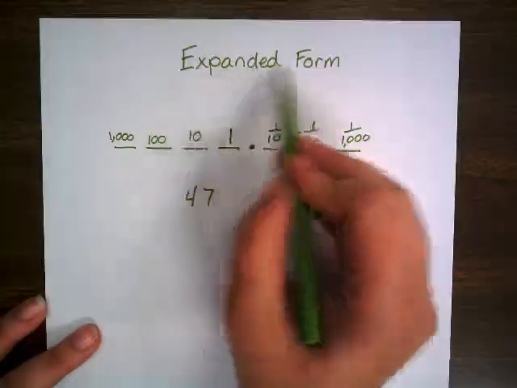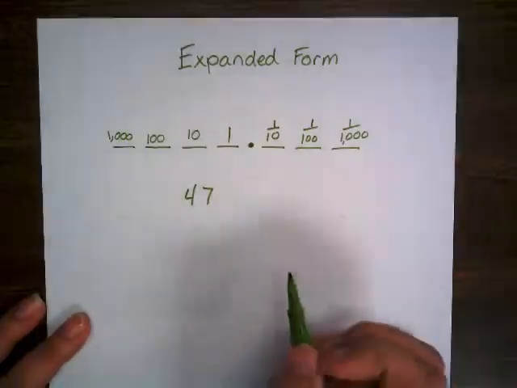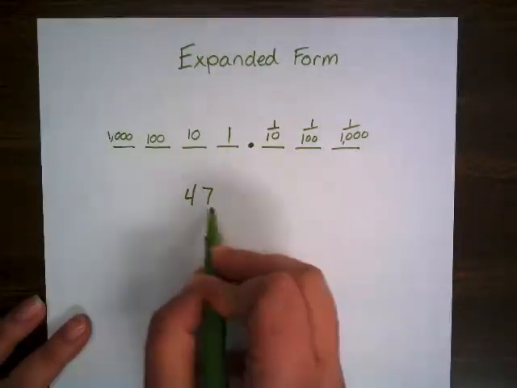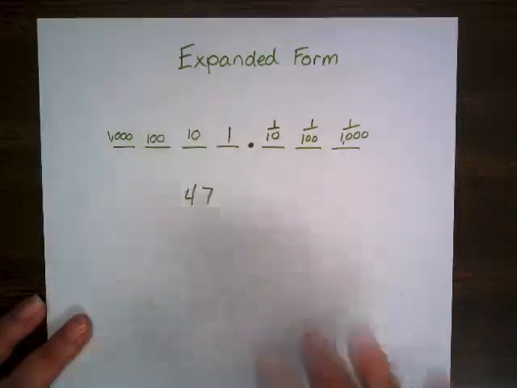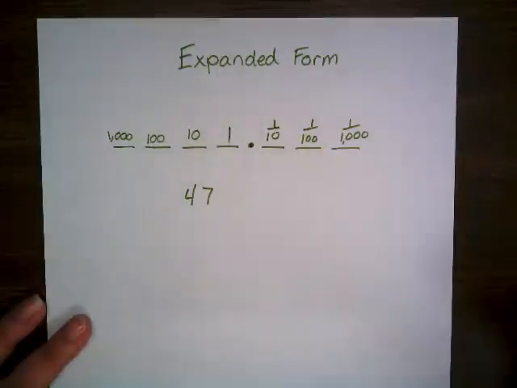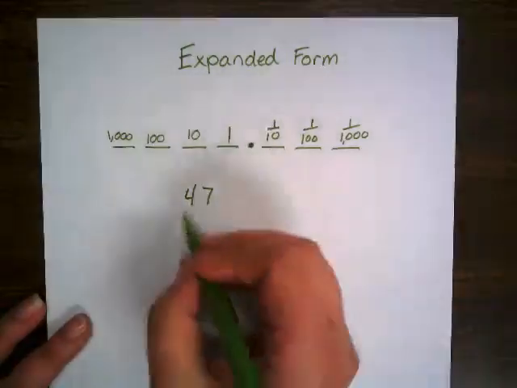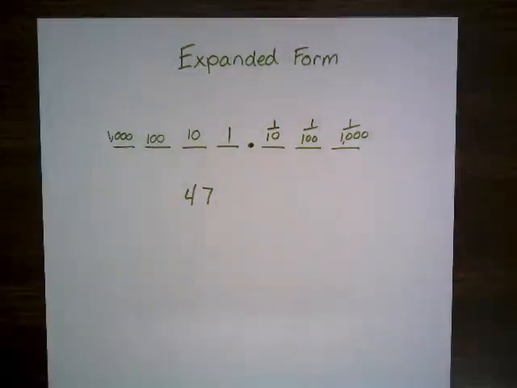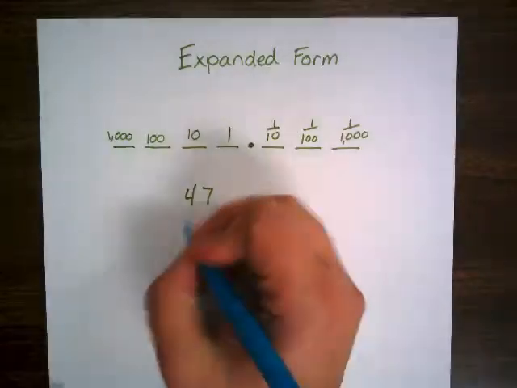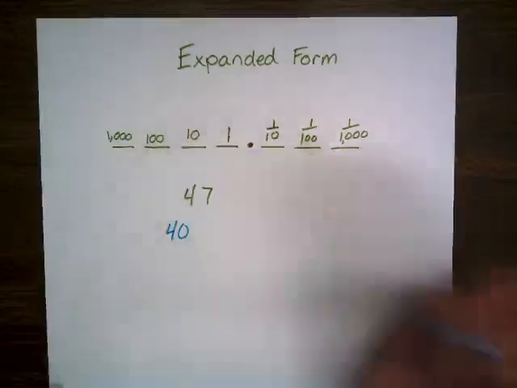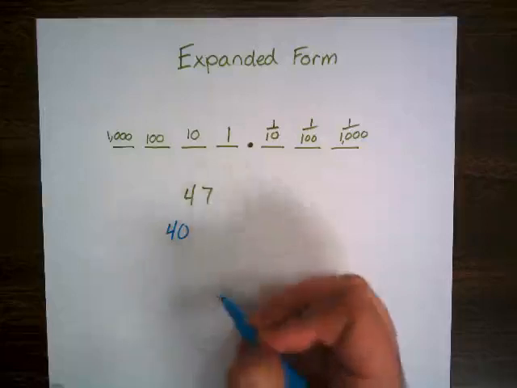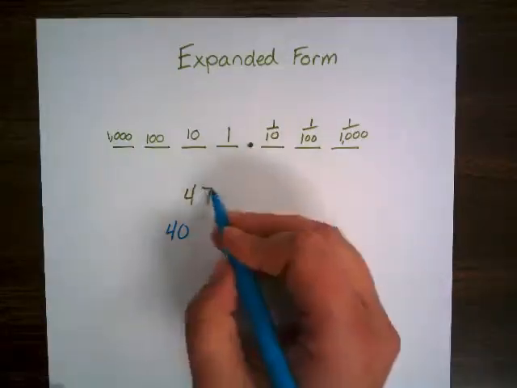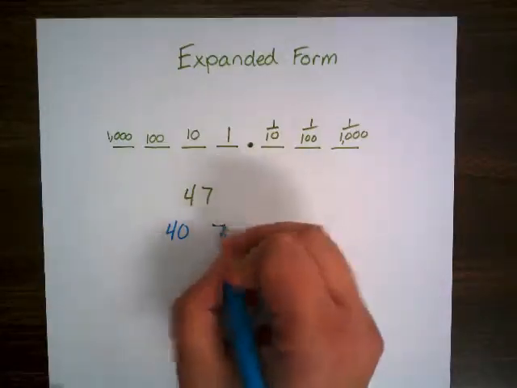So now when we do expanded form of numbers, what we're doing is we're taking the digits and we're thinking about what their values actually mean and represent. Because this 4 right here, we all know is not just a 4. We know that this 4 is actually worth 40. And the 7, well, it is indeed worth just 7 because it's in the ones place.